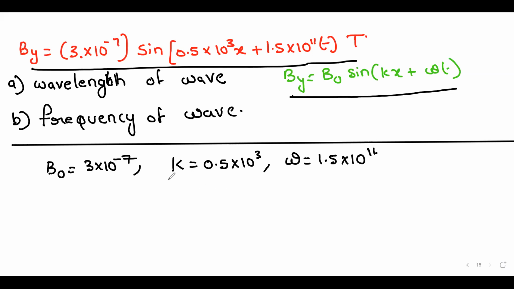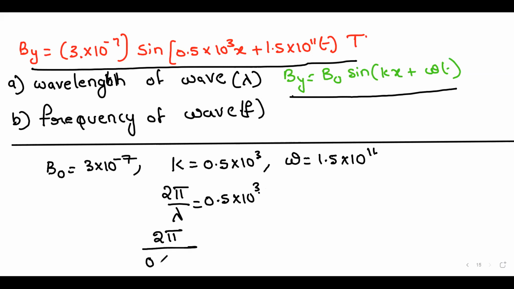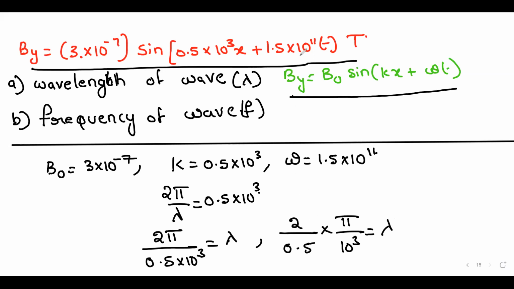So what is the relationship between k and wavelength lambda? k is 2 pi by lambda. So 2 pi by lambda is equal to 0.5 into 10 power 3. So I can write it as 2 pi by (0.5 into 10 power 3) is equal to lambda. So 2 by 0.5 into pi by 10 power 3 is equal to lambda. What is 2 by 0.5?